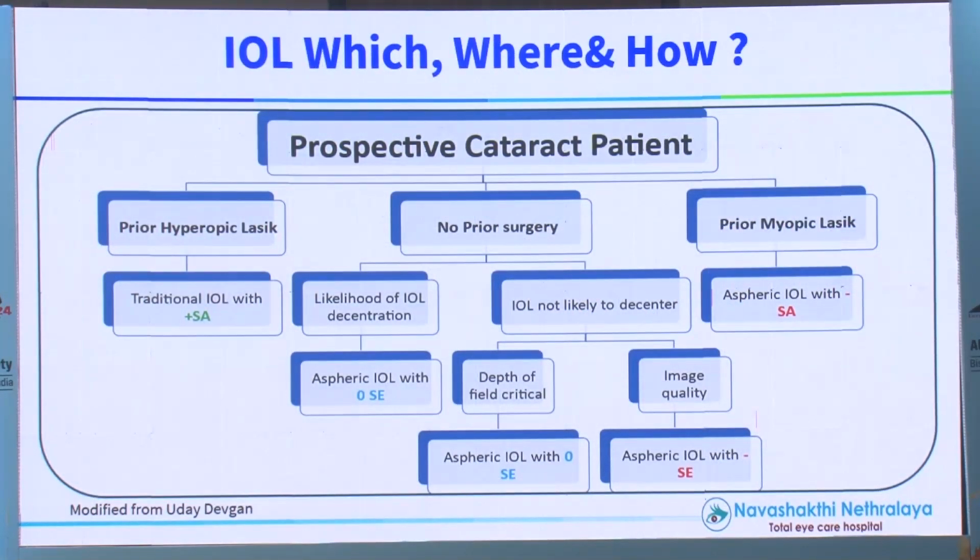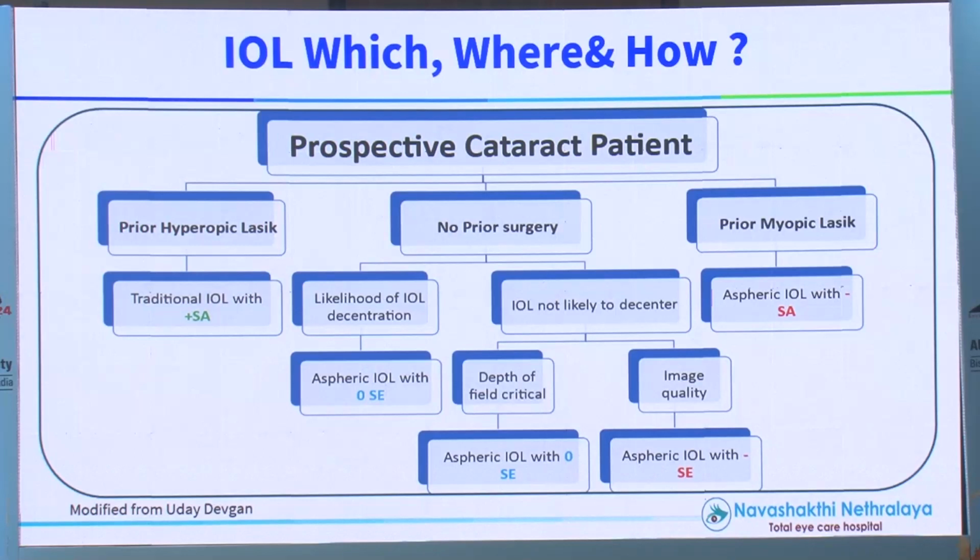Now, in a cataract patient, this is copied from Dr. Uday Devgan. Simply speaking, if it is a hyperopic LASIK, which has been done previously, then go for the traditional IOLs with positive asphericity.